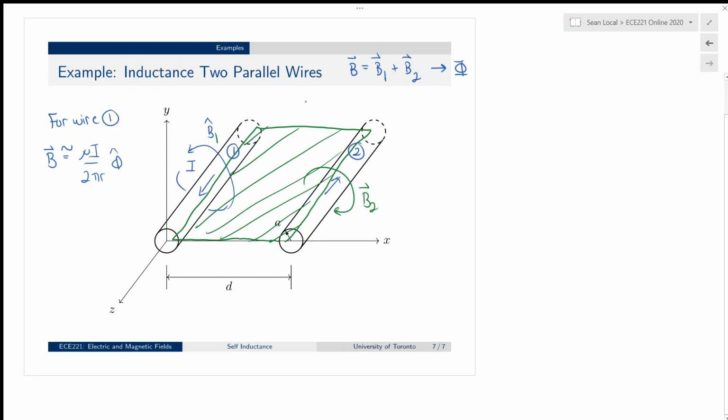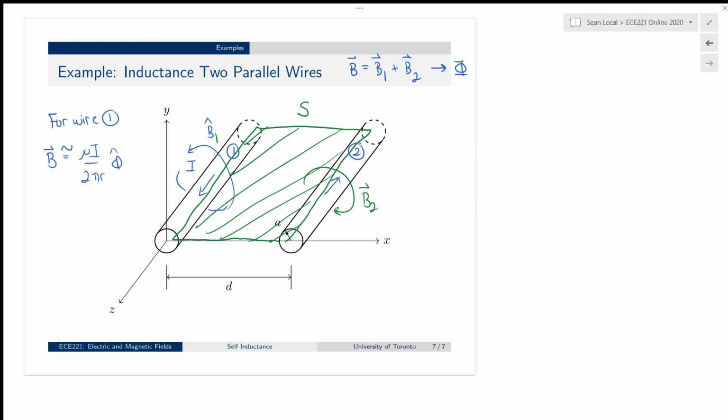So let's call this the surface S. And technically, the flux is only non-zero between the two conductors where there is no conductor. So this sort of air space between the two conductors.